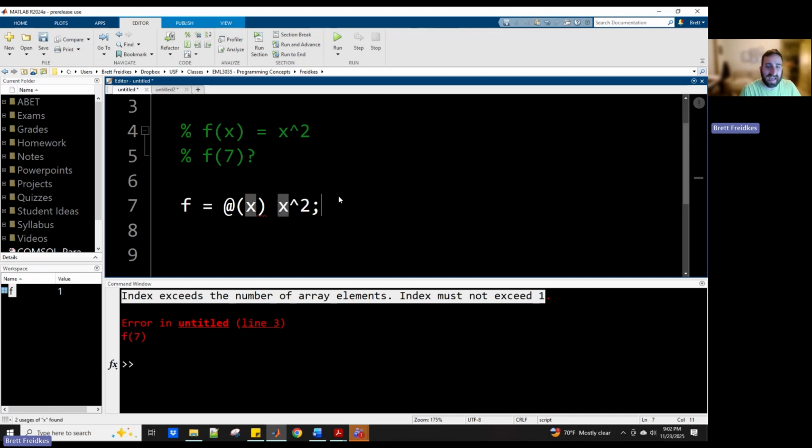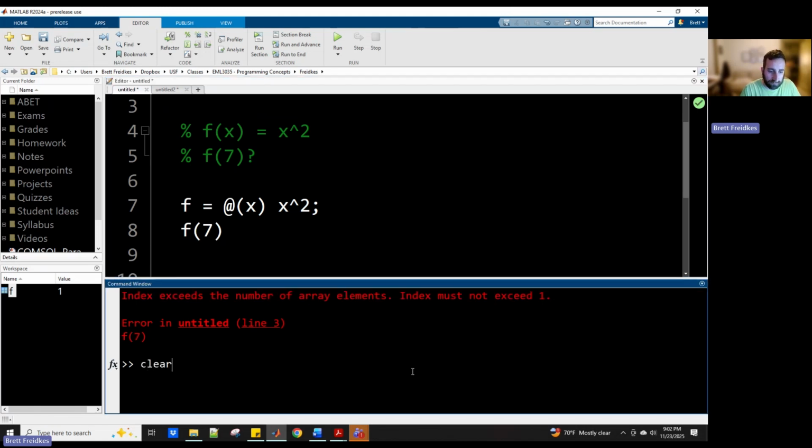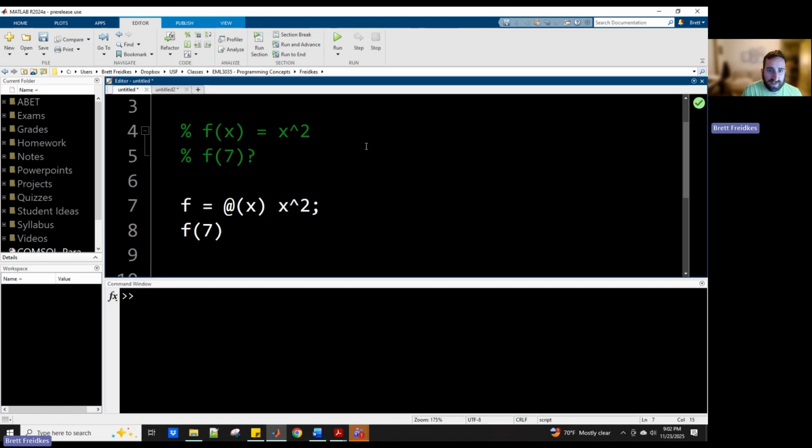But in doing this type of format and syntax, what we're saying is that if we call upon the function f with some input, that input will replace whatever variable is here and ultimately replace it in the actual function itself. So if I do f of 7, let's clear everything. If I do f of 7, we will get an output of 49.